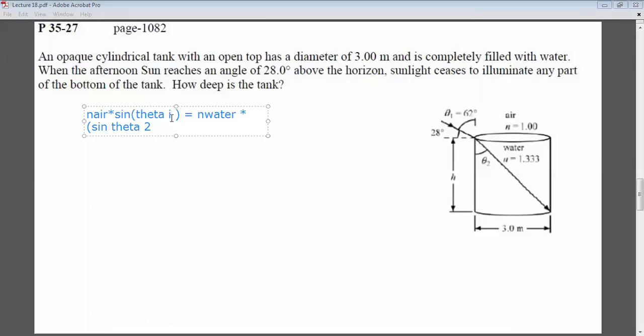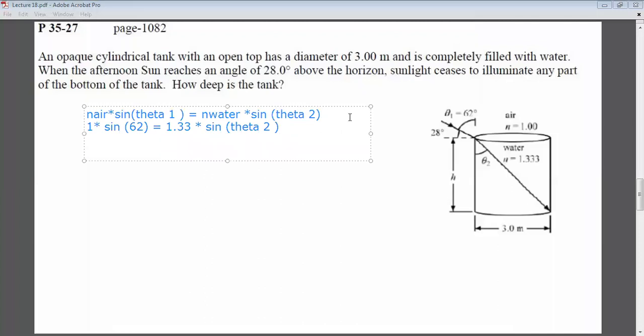They're calling them theta 1 and theta 2, so let's stick to the same notation. n of air is 1 times sine of 62 is equal to n of water, 1.33, times sine of theta 2.